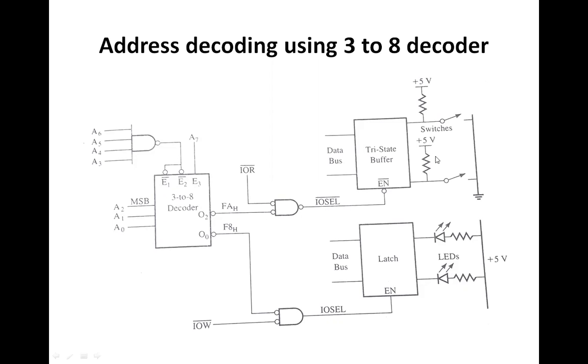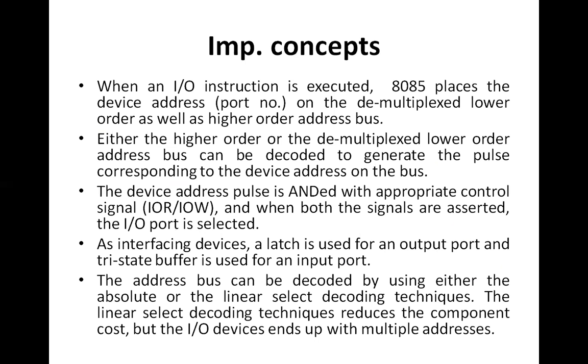So whatever is the content of these switches, it will be loaded onto the data bus, and through the data bus it will be copied into the accumulator. So in this way, the interfacing of the input and the output devices is done.